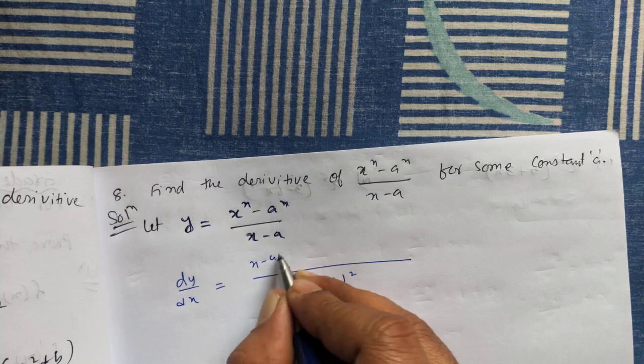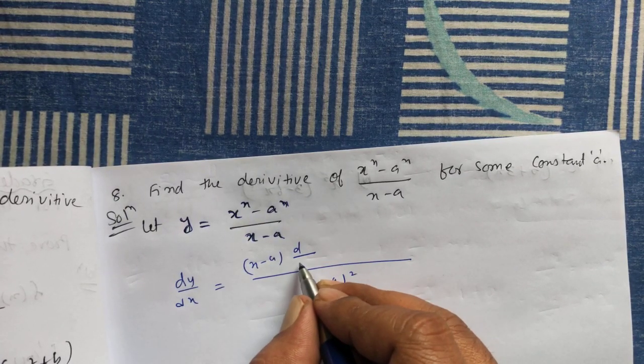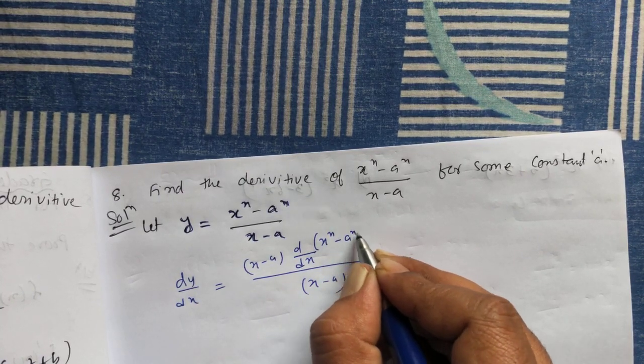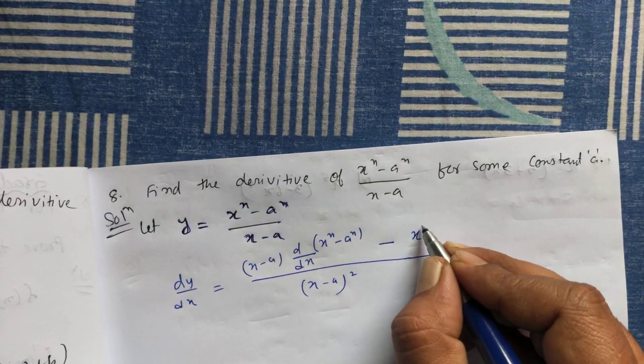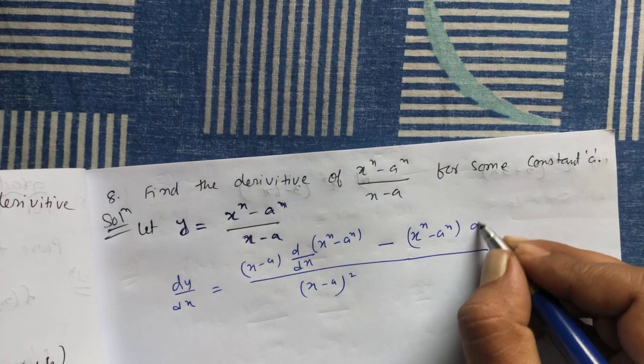We'll write x minus a and we'll derive the numerator. Minus, we'll keep this one as constant now, and we'll derive the denominator.